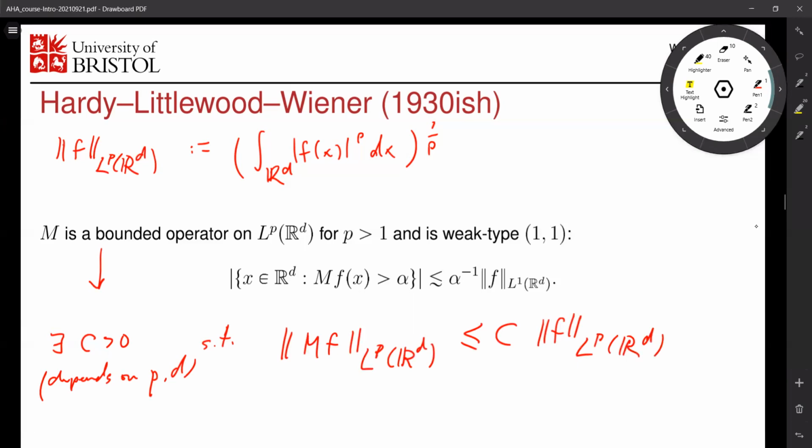Okay, so that's what this means. Great. And this weak type (1,1) norm is sort of a weak version of this L^p inequality.